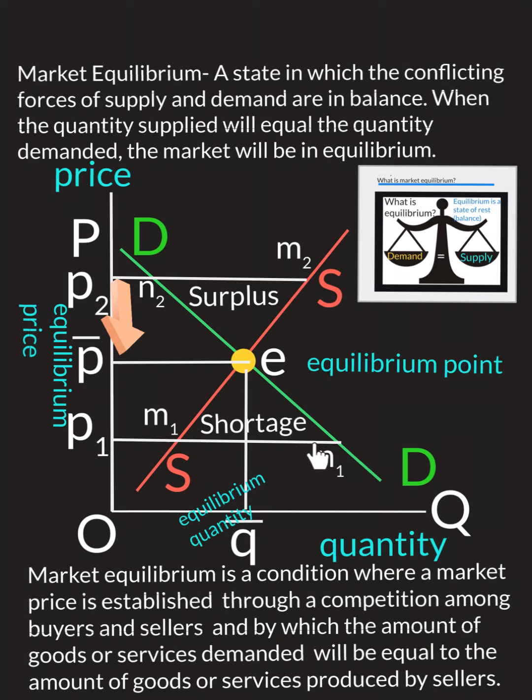Due to the shortage, the competition among buyers will push the price up, and then price will go from OP1 to OP bar.